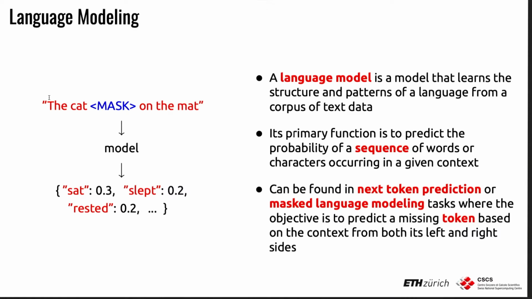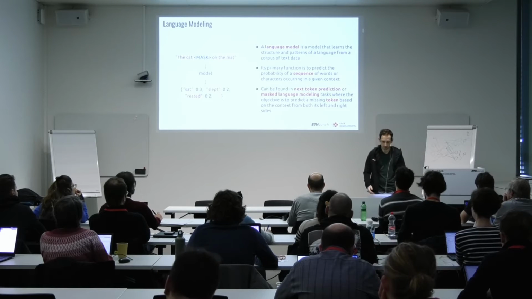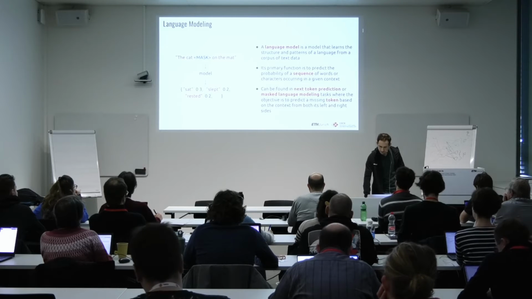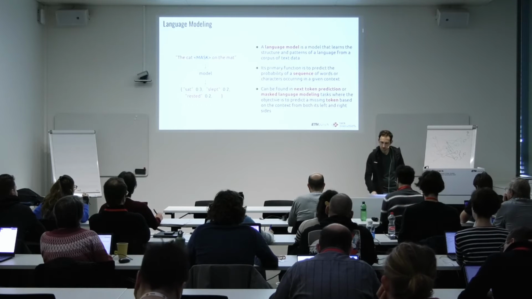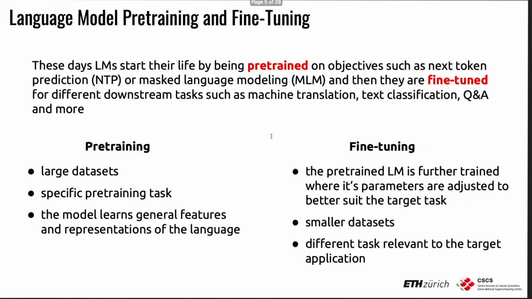And this one is called bidirectional, because the context comes from both sides of the token. Is it clear? Any question, please, you can just ask. Again, the first one is called next token prediction, and this one is called masked language modeling.